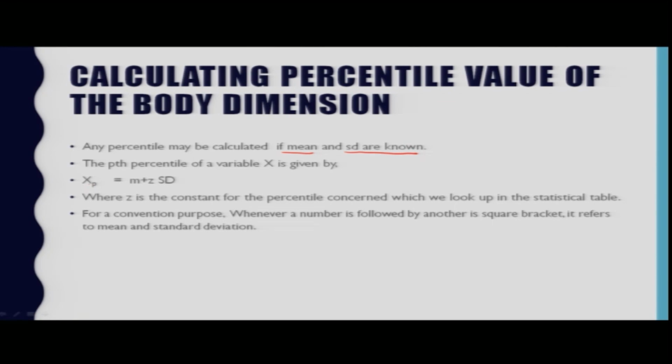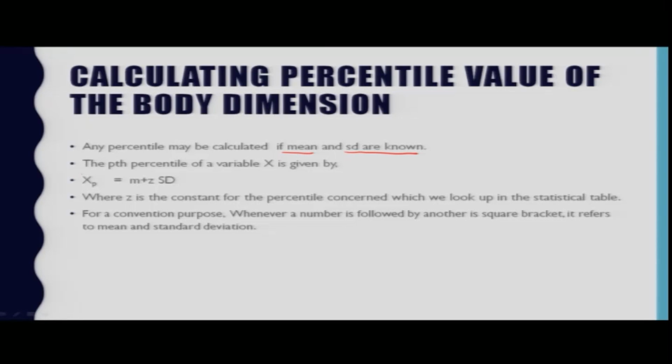There is a formula through which you can calculate the percentile of a variable, let us say x. The pth percentile xp can be calculated as the mean plus z times the standard deviation, where SD is the standard deviation, m is the mean, and xp is the pth percentile.